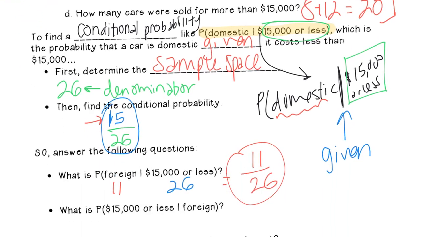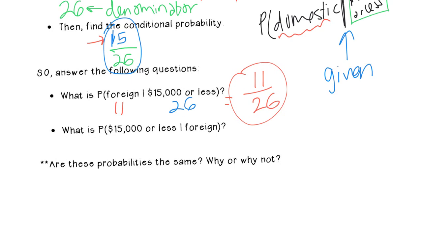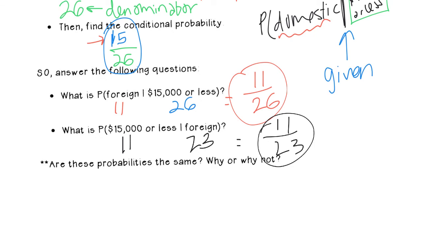So 23 is going to be our denominator. And then in that row, we see that $15,000 or less is going to be 11, because given that it's foreign, there's $15,000 or less. So we have 11 over 23 as our conditional probability.